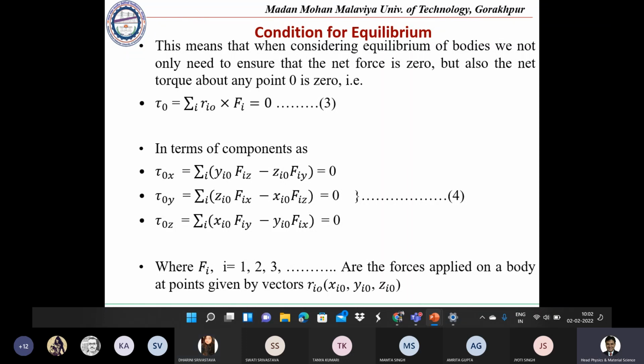Just, for example, I am telling you, you are raising your hand in the horizontal direction, as if taking a pledge. You stretch your hand.